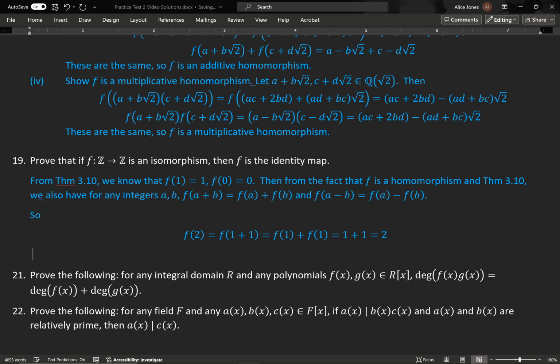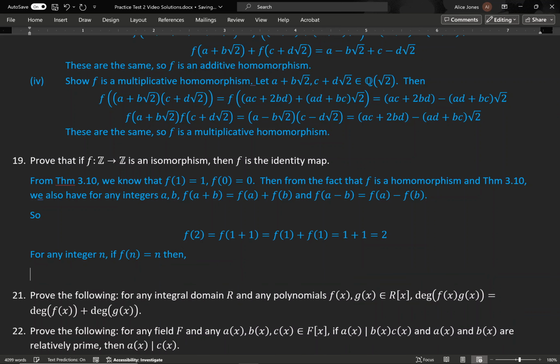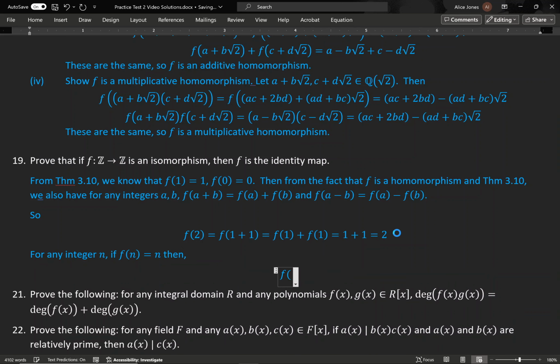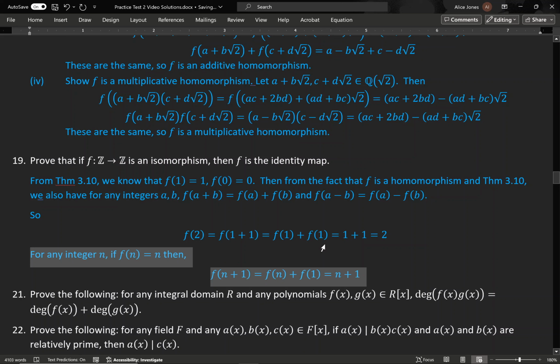For any integer n, if f of n equals n, then you can figure out what the next integer would be. So for f of n plus 1, you can do f of n plus f of 1, which is going to be n plus 1. Okay, so this is your inductive step here, basically, without fully saying that you're doing induction. But pretty much if one integer maps to itself, then the next integer has to map to itself.